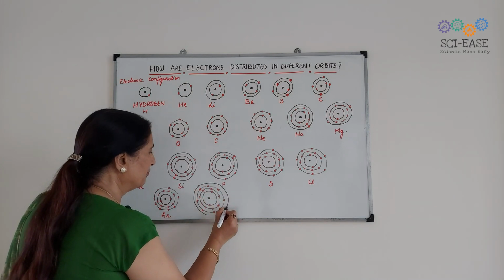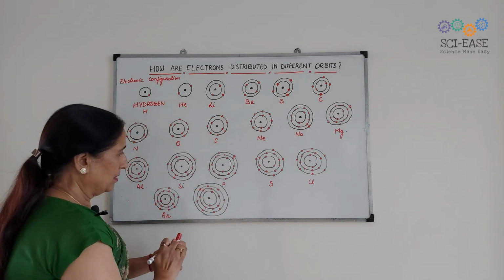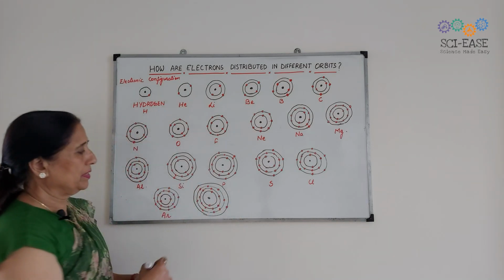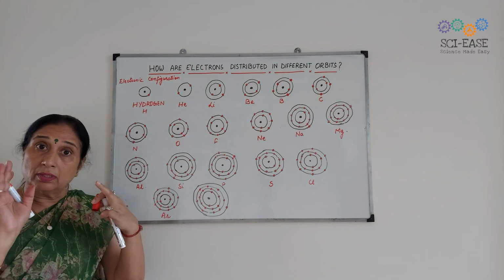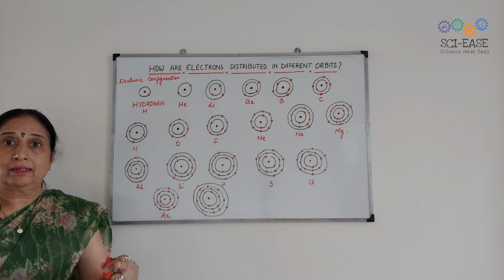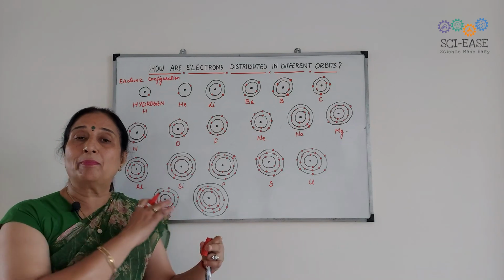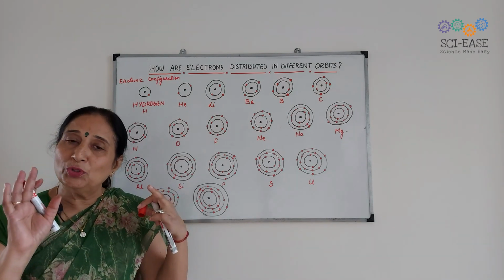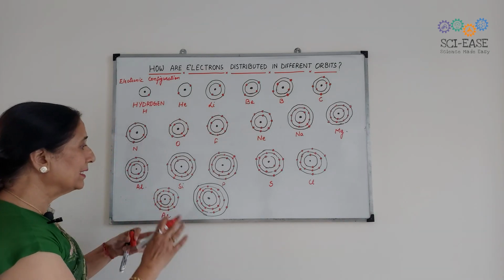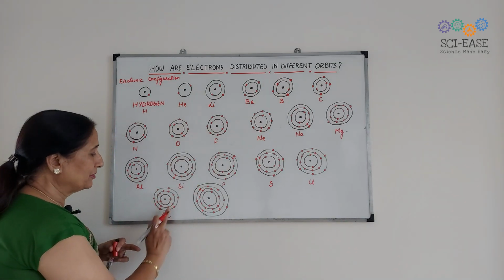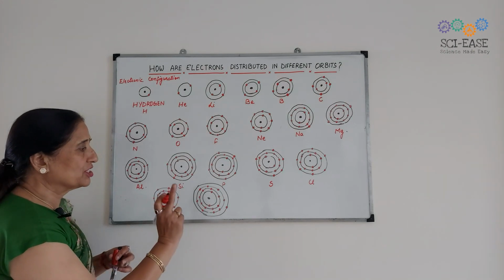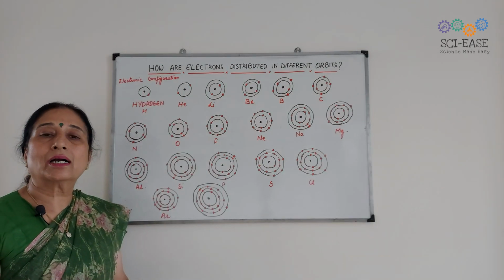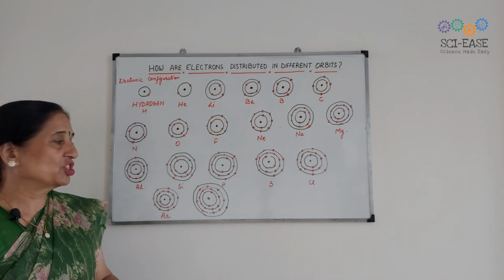Here I will tell you in detail in your higher classes. You must memorize that after argon, the one electron which is left will be accommodated in the next shell.